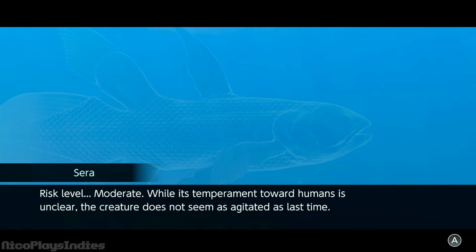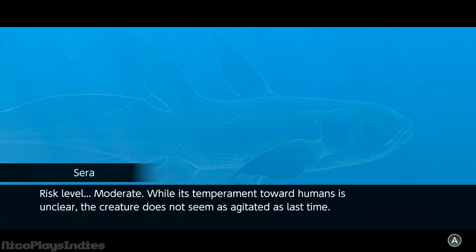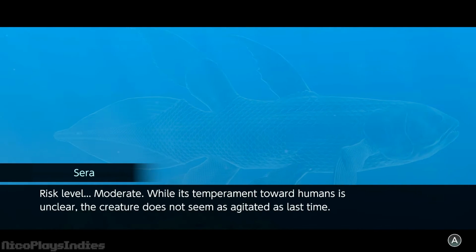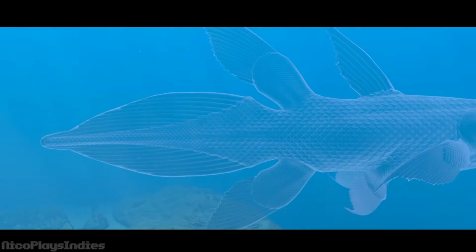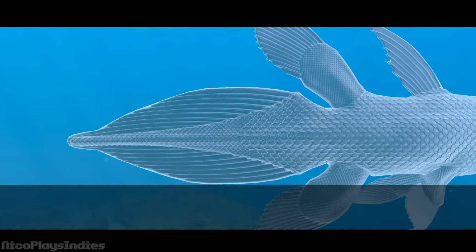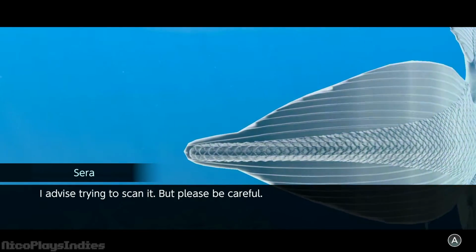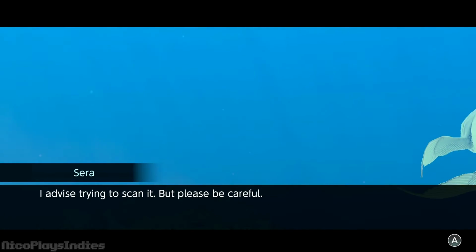Risk level, moderate. While its temperament toward humans is unclear, the creature does not seem as agitated as last time. I advise trying to scan it. But please be careful.